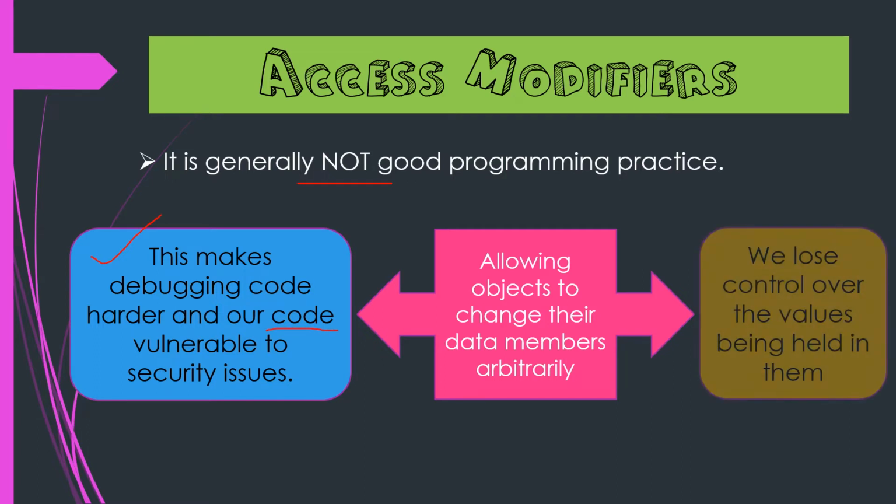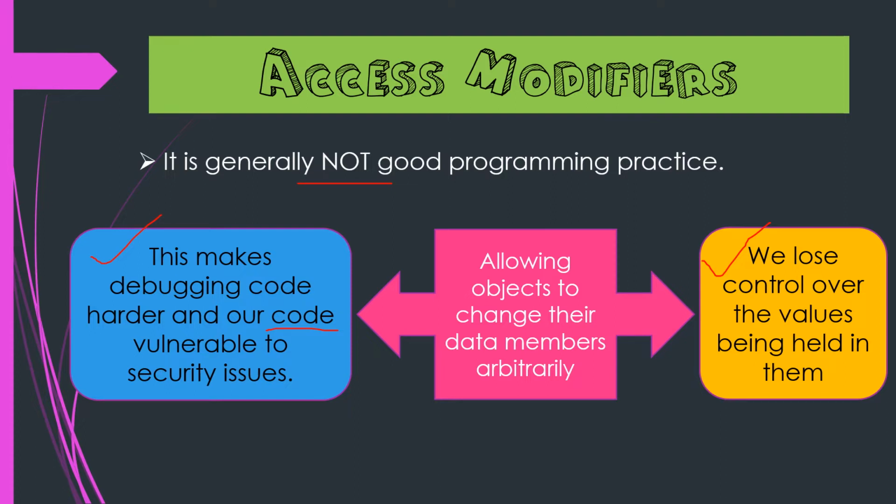The second effect is that we lose control over the values being held in them. So these are the two effects if we set the data members as public members.